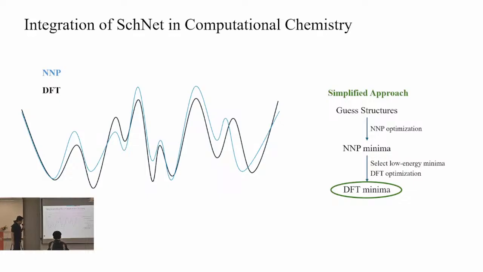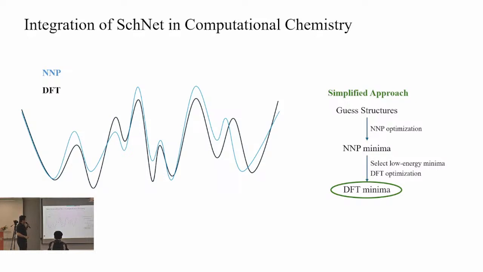So let's say, for example, the black line here is the potential energy surface at the DFT level. If we train our neural network potential model on that DFT, then we can have a similar shape of the potential energy surface, right? To some accuracy. So that means that we can take this more simplified approach.